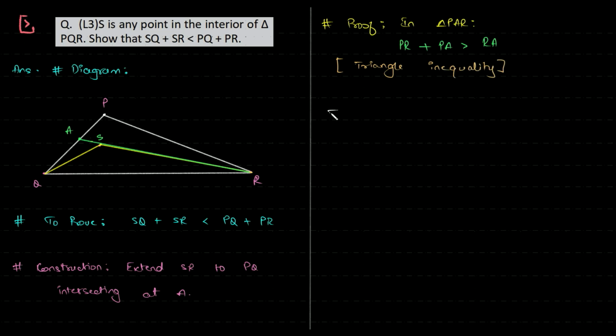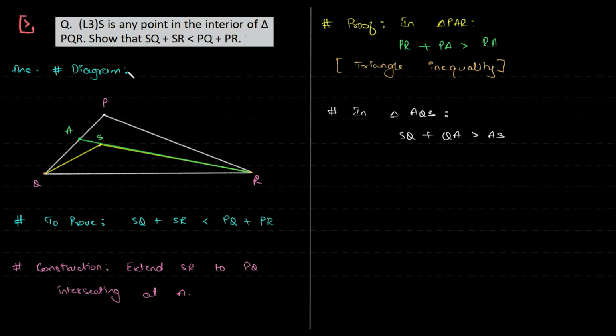Then the next thing is in triangle AQS, right? So what do we have? We have SQ plus QA is equal to AS. Is this correct? Think about it. No, right?